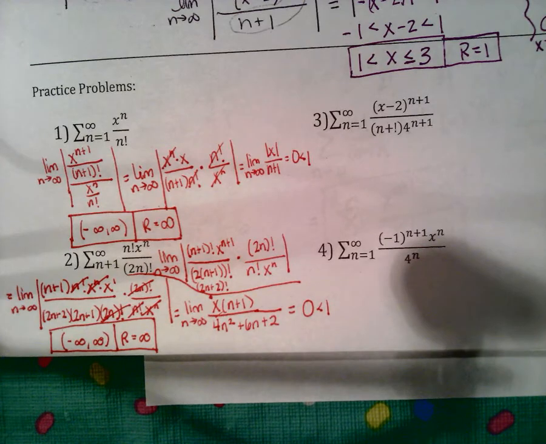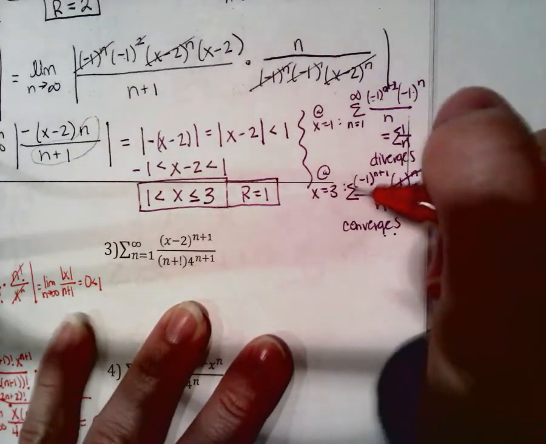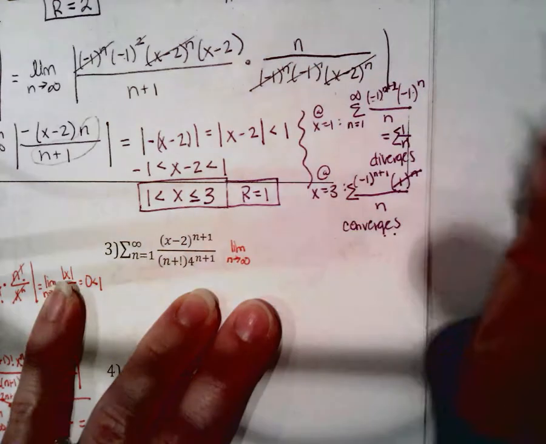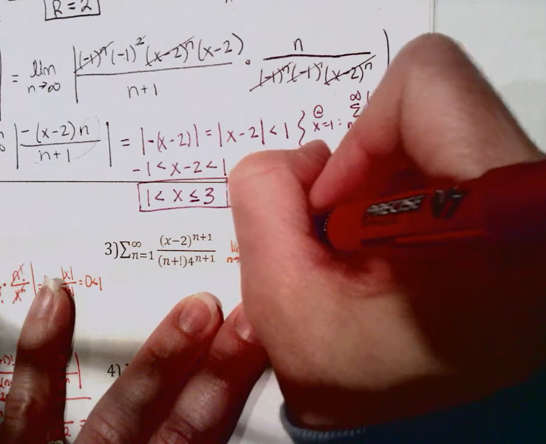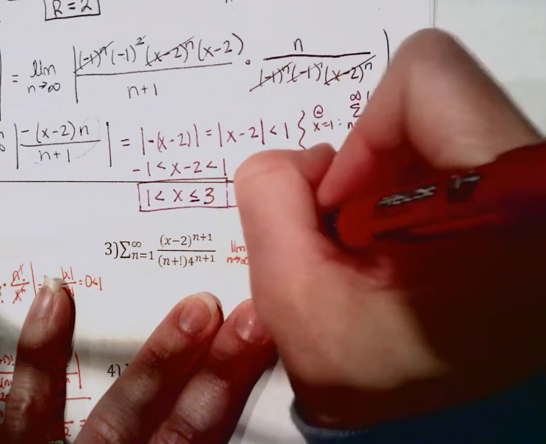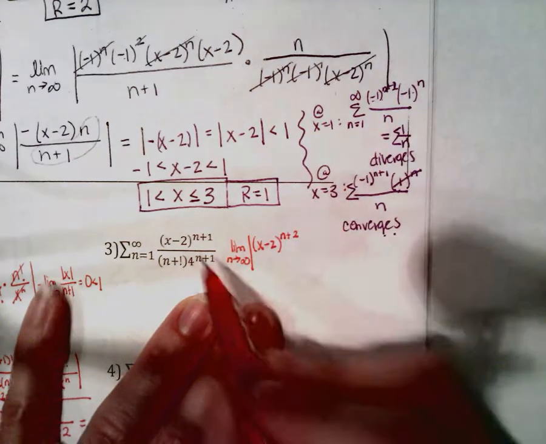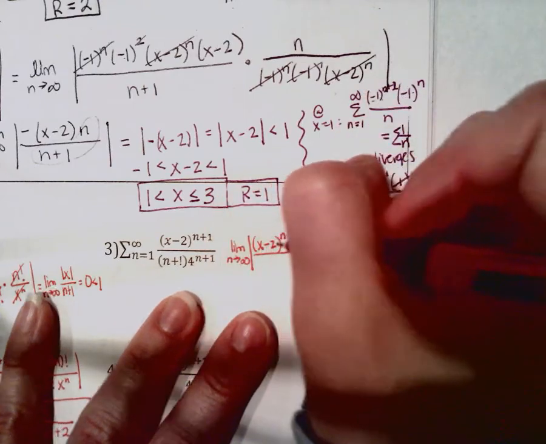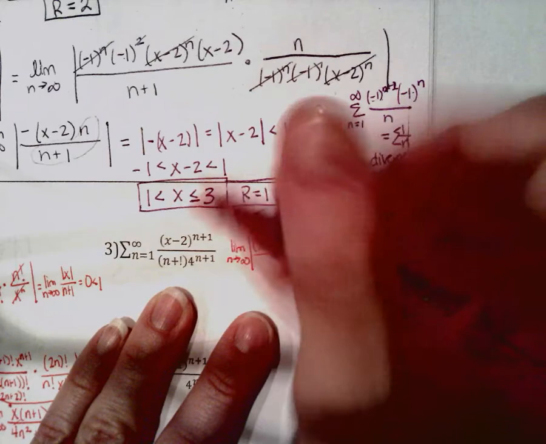Okay, so number 3 over here. Let's set up our ratio test. The limit as n goes to infinity of the absolute value of x minus 2 to the n plus 2, because I have to add 1 to the n's, over, whoa, that should not say n plus factorial there. It should say n plus 1.